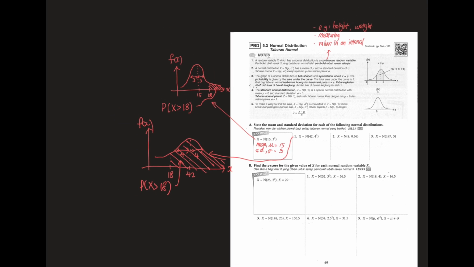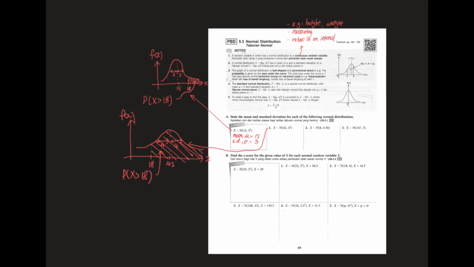What we can see here is that different graphs end up with different areas, because the graph has a different shape and the area has a different size. So we have all kinds of graph and all kinds of area under the graph. That is the problem.